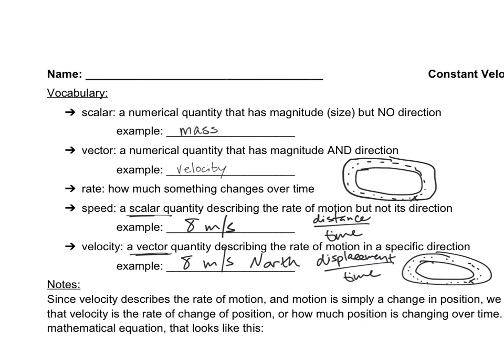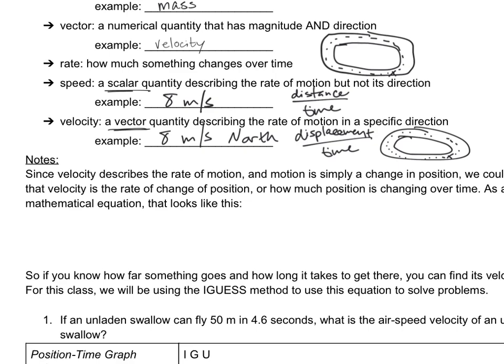So a velocity is related to displacement over time, whereas speed is related to distance over time. And the velocity has a direction because if you start at one place, say we start here and end at another, there is a very specific straight line direction between those 2 points, and that's the direction associated with your velocity.